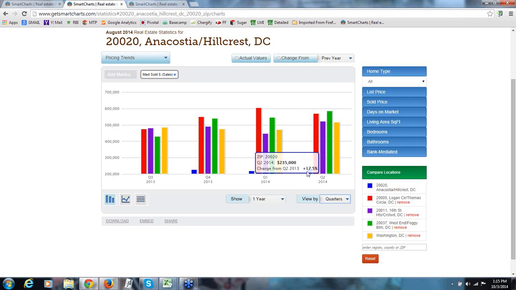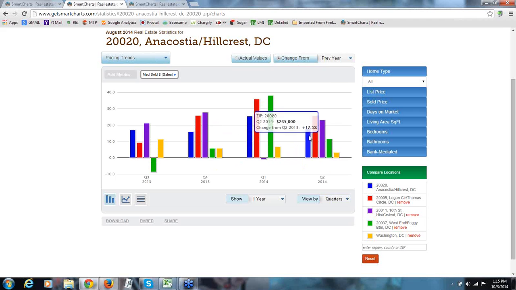It's an active market, and so if I'm advising a developer or someone that's considering buying, then this is the kind of stat, as well as the change from previous year, that I'd want to show. So I can do change from previous year on median sale price, and my left axis is now percent increase or decrease, and every one of these is no longer showing the median sale price, it's showing the percent above zero.